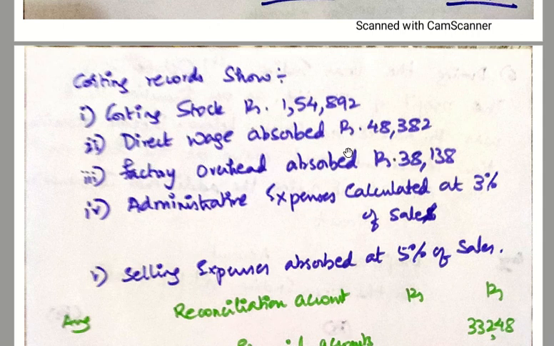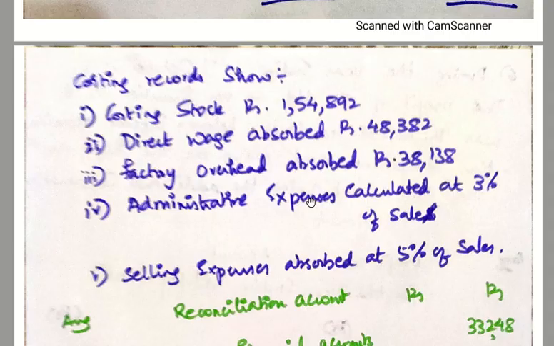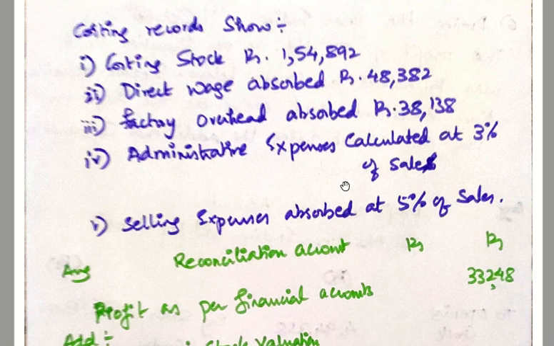Direct wage observed rupees 48,382 in your costing books. The direct wage in your financial book is 46,266. So if you see, the direct wage in costing book is more than your financial book. So basically it is shown in excess in your costing books.